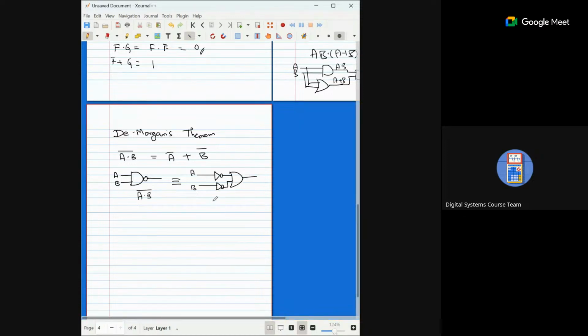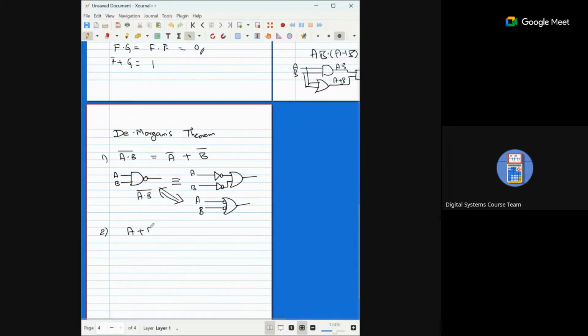Or I can rewrite the above expression like this: if I draw like this, the input of the OR gate is complemented. That's the meaning of it. So the above two things are equal. This is theorem 1.